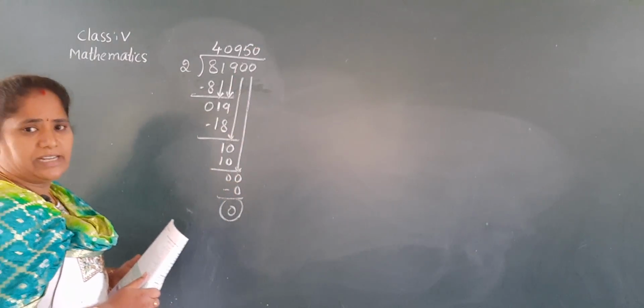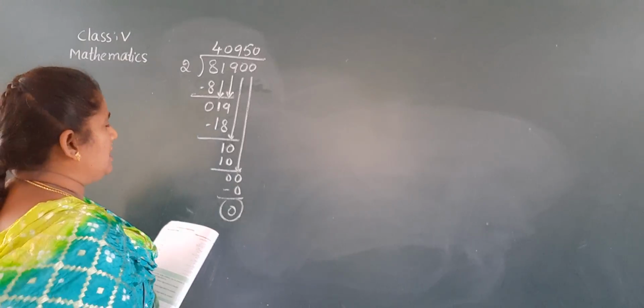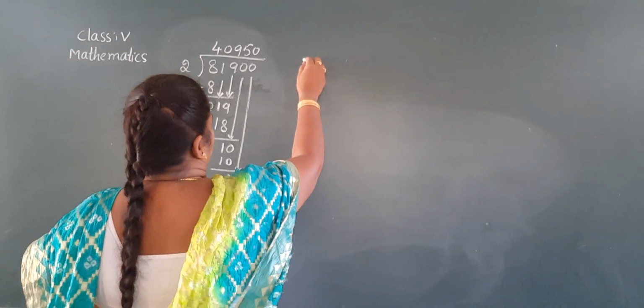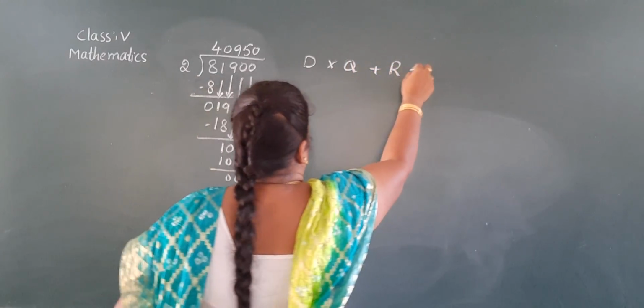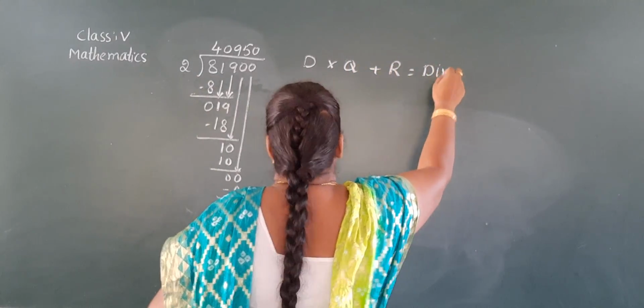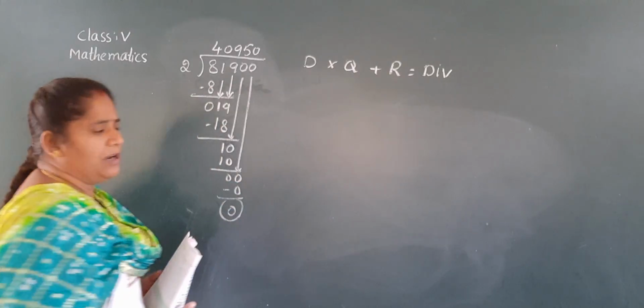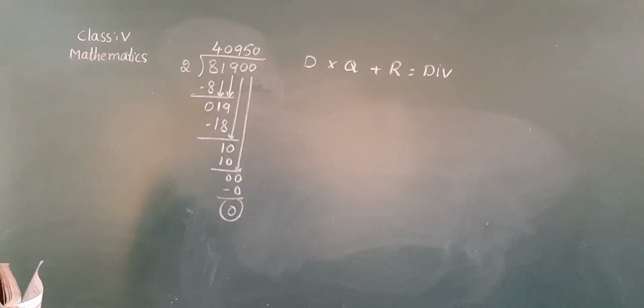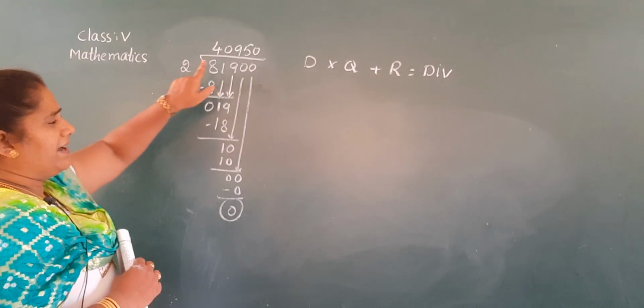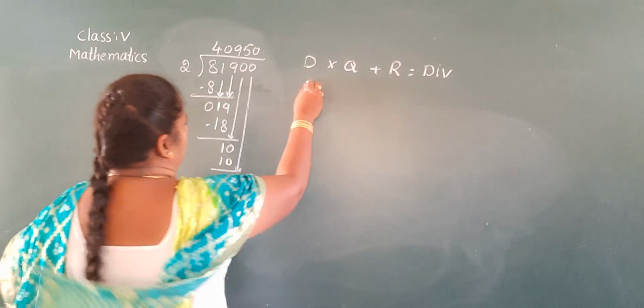Now we will check whether our division is correct or wrong by using the formula. Divisor into quotient plus remainder equal to dividend. What's the divisor here? The number which divides the given number is called the divisor. Here 2 divides this number, so we write 2.